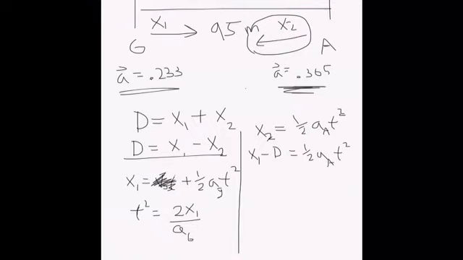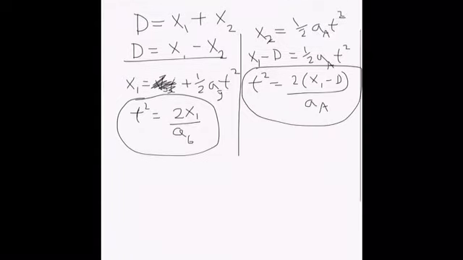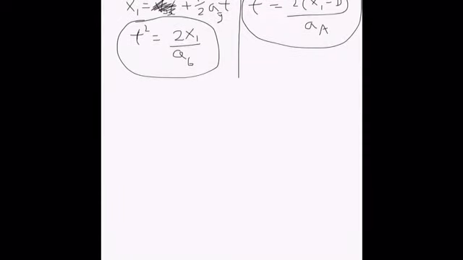And then we're going to solve for t squared here, so t squared is going to equal 2 times (x1 minus d) over the acceleration of Alfred. And now we have two t squared equations. We have this one, and we have this one. And of course, the two t squareds are going to be the same because t is going to be equal. So I'm going to scroll this down a little bit.